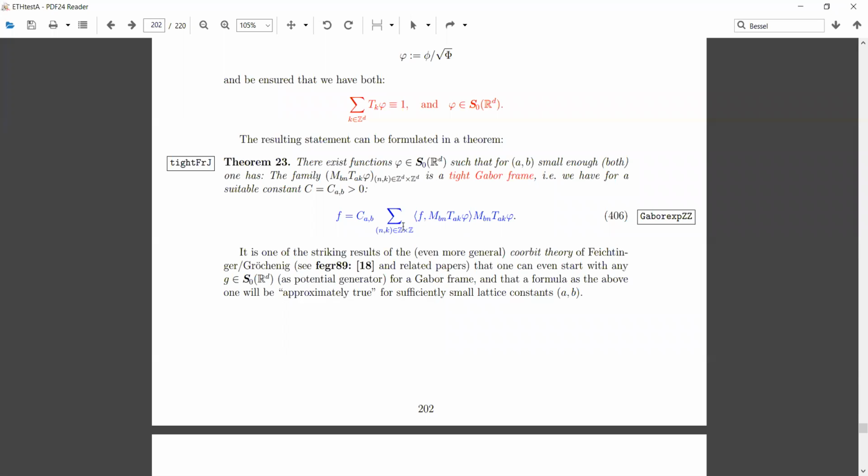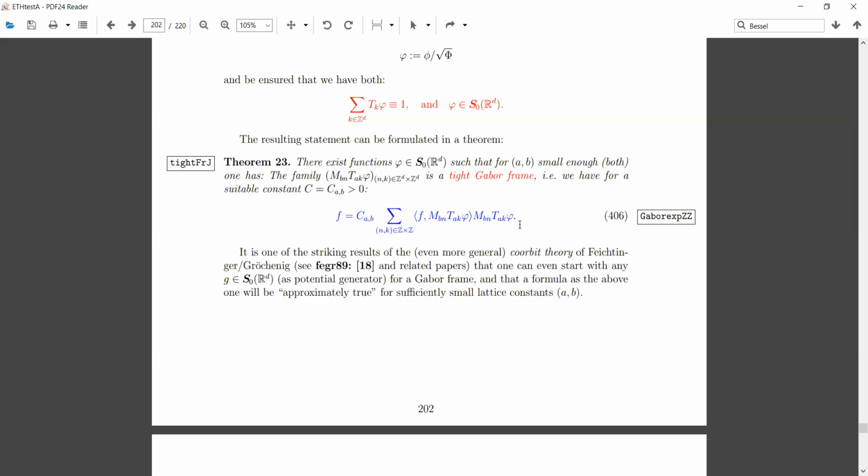Now, if you play around with this construction, I would say if you're careful doing it, then you would be able to find out that for A times B larger than 1, that's kind of near the Nyquist rate in a way, you can find functions where you can get such an expansion already.